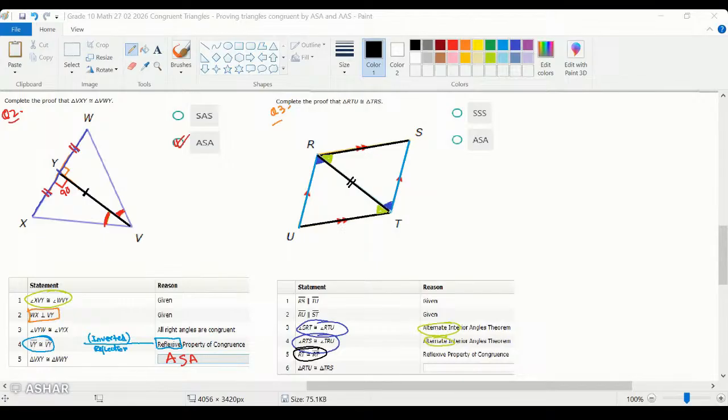They have given us the conditions for two angles, angle number 1 and angle number 2, and a common side. So which property would be used? Two angles and one side. We use the ASA property, that is angle side angle, right? Thank you. Let's try another example.